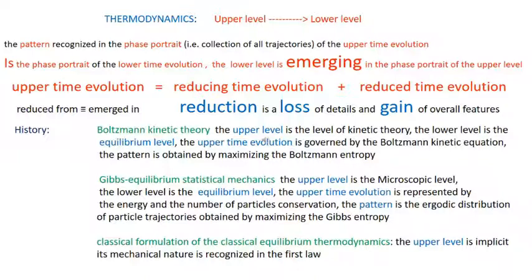In Gibbs equilibrium statistical mechanics, the upper level is the microscopic level, and the lower level again is the equilibrium level. The reducing time evolution is not explicitly formulated.